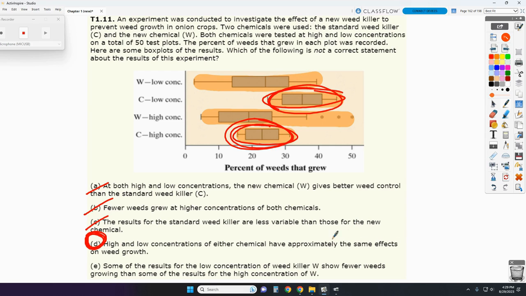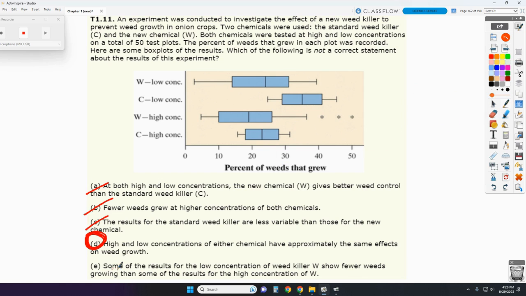There is a difference. Let's look at the last one. Some of the results for the low concentrate weed killer, so that's the top 2 box plots. So some of the results for the low concentrate of weed killer W, not both of them, just the top one, show fewer weeds growing than some of the results for the high concentration of W. So some of the results in here show fewer weeds growing than some of the results for the high concentration.